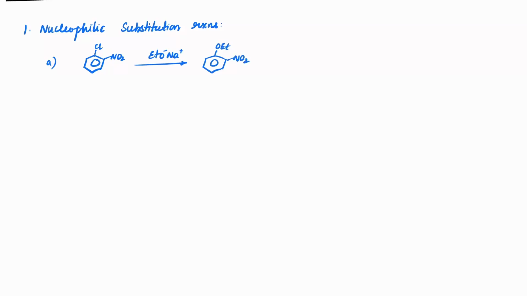In case you have two nitro groups, so Cl and NO2 reacting with MeS minus Na plus, this is also a very basic SNAr type of mechanism. SMe, NO2 and NO2 is the product.